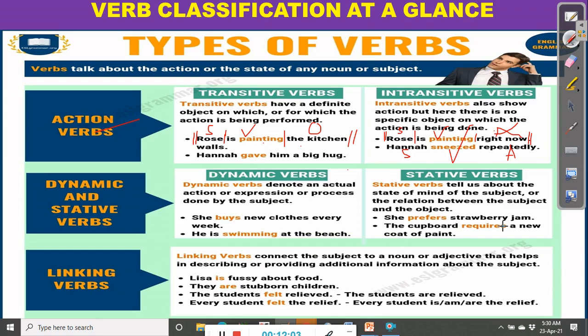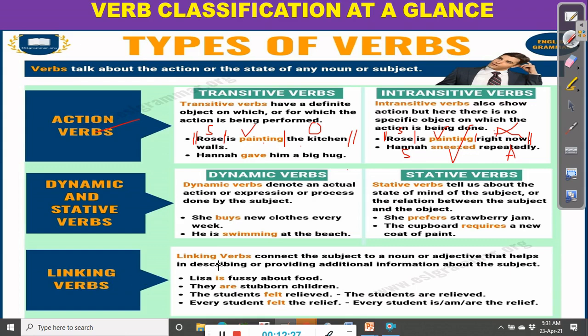Now, the cupboard requires a new coat of paint. Requires. All right. So then we look at the last classification in this particular instance, linking verbs. There are, of course, other classifications of verbs. That's the lecture for another day.